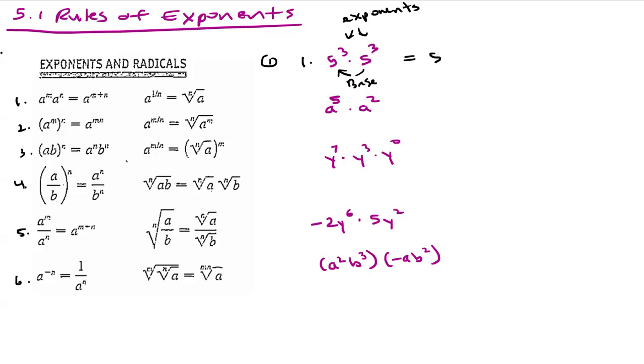So this would be 5 raised to the 3 plus 3, which gives us 5 to the 6, which we put in the calculator and it becomes 15625. So that will be the answer for this one.